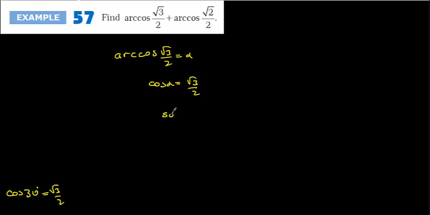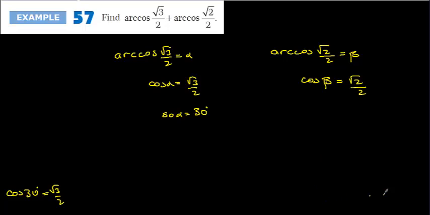So alpha is equal to 30 degrees. Okay, the second one is arc cosine root 2 over 2. Let's say it's equal to beta. Then cosine beta is equal to root 2 over 2.